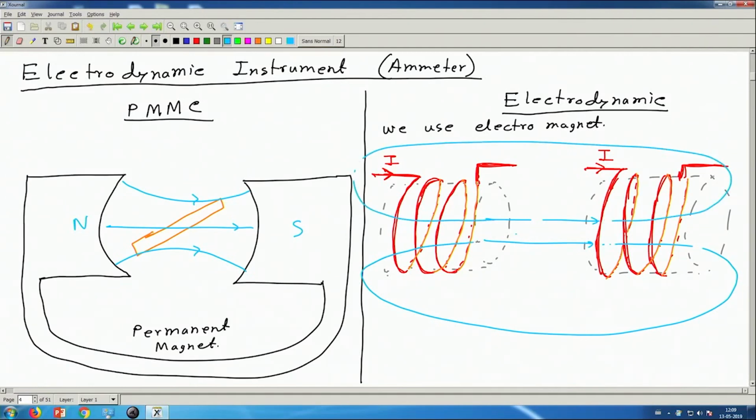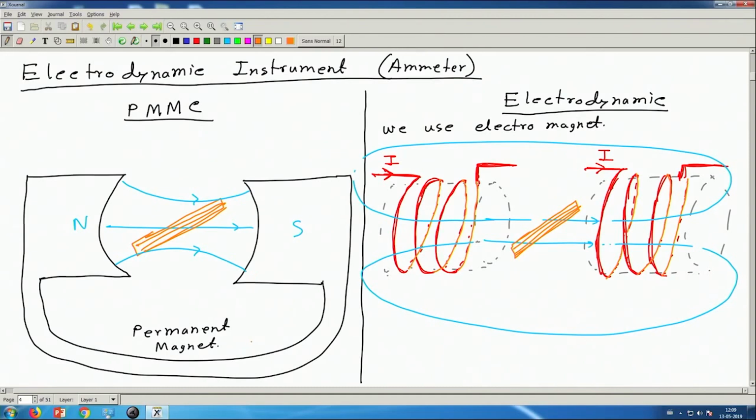So, you will have many lines of force, and then we of course have this other coil, which is this one here. This is the coil that moves, that turns. Okay, this is the same coil as this. The only difference is that here we have an electromagnet instead of a permanent magnet. Okay. So, this is the only difference.